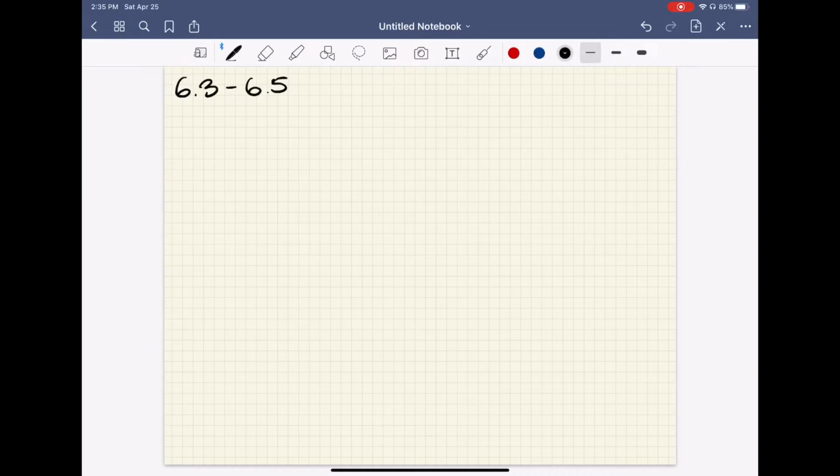Okay, so let's learn about the 5 inequality signs first. First of all, this one is not equal to. For example, 2 is not equal to 3. Okay, next.